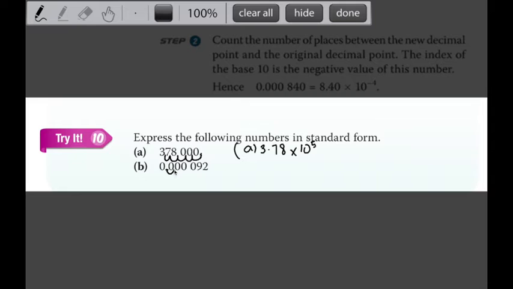So 10 to the power of negative 1, because this means divide by 10, right? 10 to the power negative 2, 10 to the power negative 3, 10 to the power negative 4, 10 to the power negative 5, times 10 to the power negative 5. So if you move this decimal towards your right, then you have a negative power. So 10 to the power negative 1, negative 2, so on and so forth.